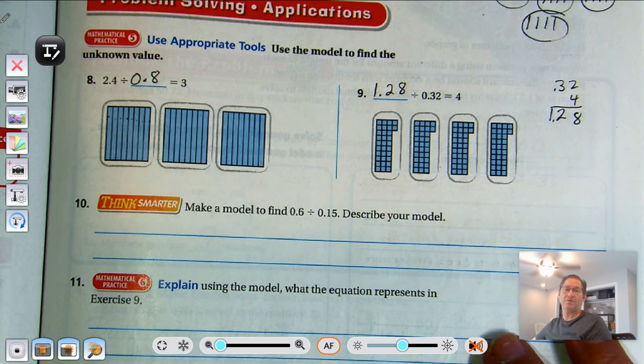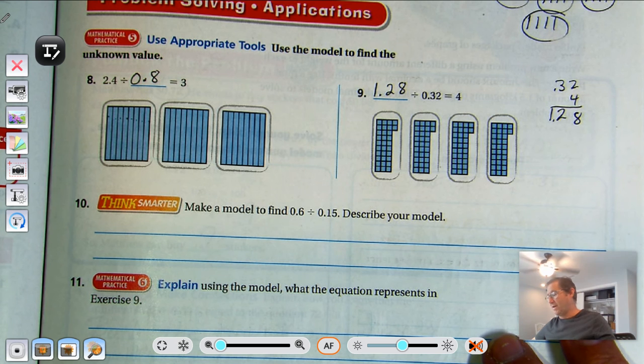Number 10, make a model to find 6/10 divided by 15 hundredths. Describe your model. Okay. So we'd have to have 6/10, right?